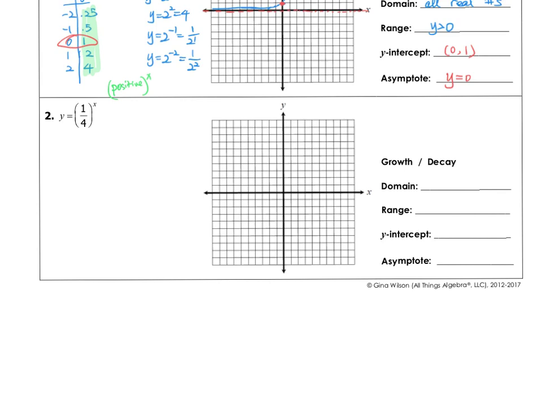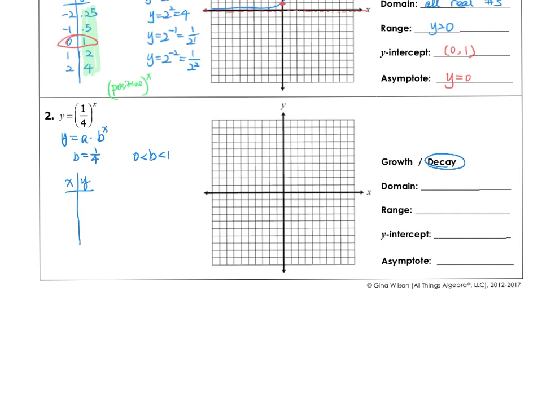Let's look at the next one. Remember, y equals a times b raised to the x. In this case, b is 1/4, which is between 0 and 1, so this is an exponential decay function. The domain, the range, and all of that we have to find by graphing it.